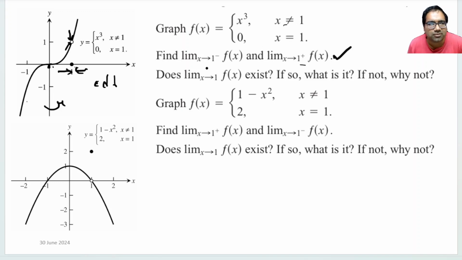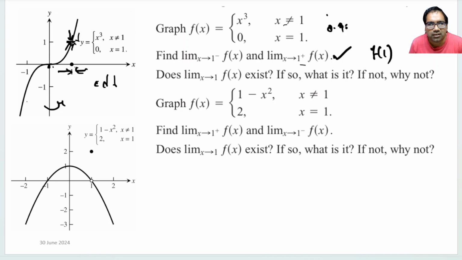This limit exists. So see, limit doesn't mean f of 1. Okay, f of 1 is different. F of 1 is still 0. But limit exists. Limit exists means how the function is approaching from the left hand side or from the right hand side. f of 1 will not be equal to 1, f of 1 is 0, but however close a value to 1 you want, we can get, right?